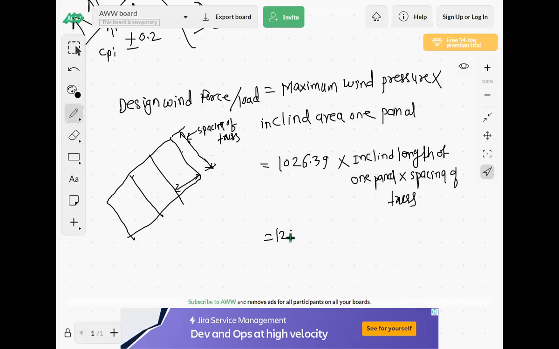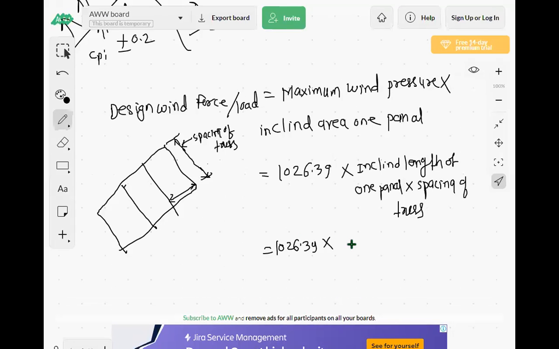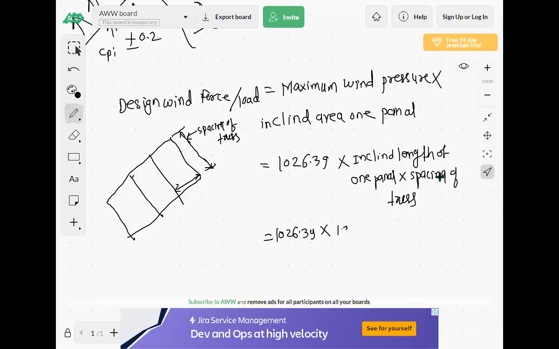We have calculated inclined length of one panel. I think in step number 6 we have calculated inclined length of one panel, 1.39, correct. 1.39 into spacing of truss, how much? 4 meter.